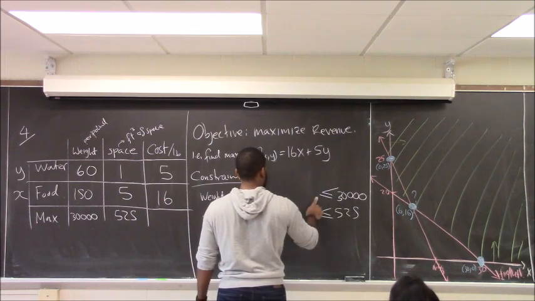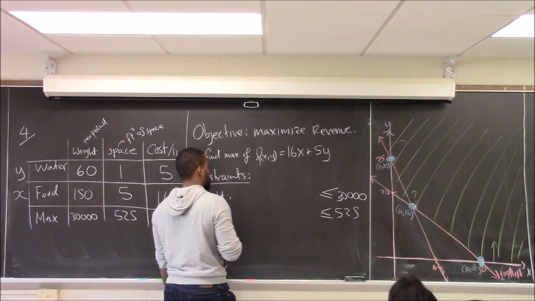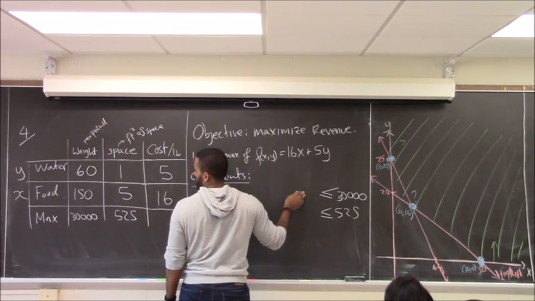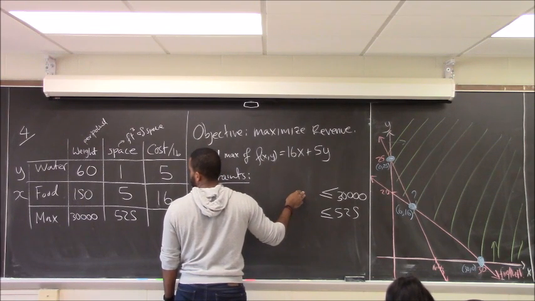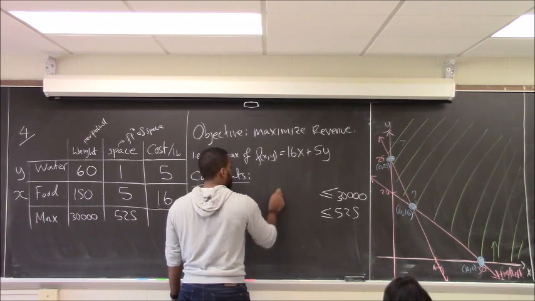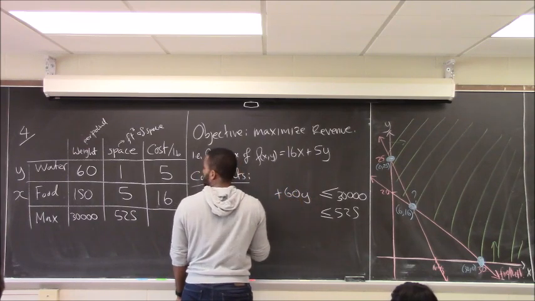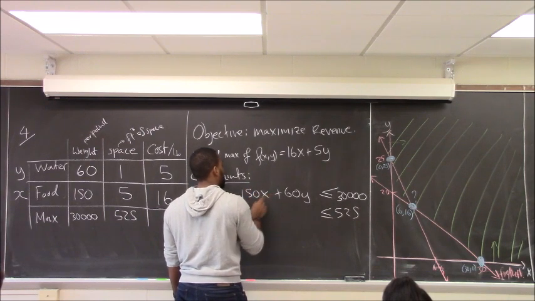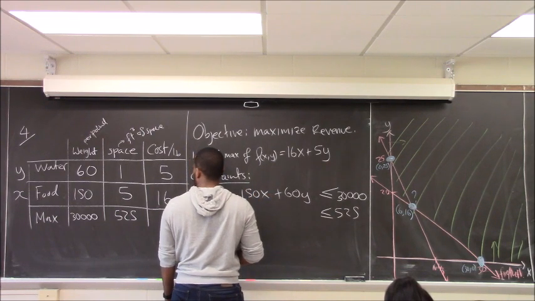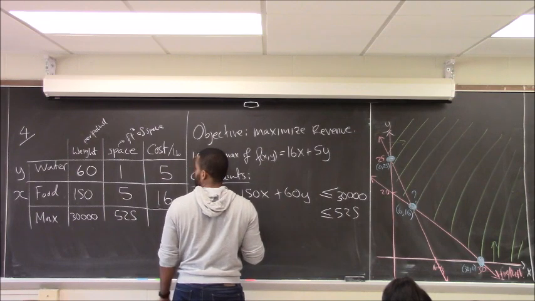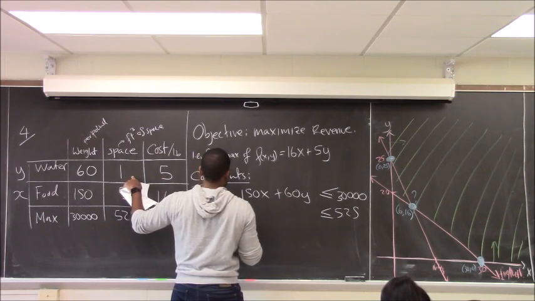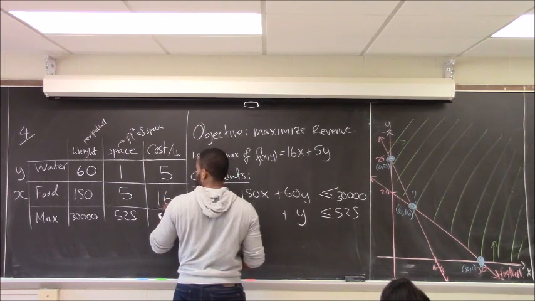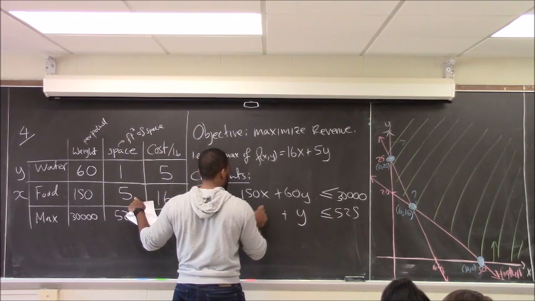The weight is the weight of the water plus the weight of the food. The weight of the water is going to be 60y and 150x. So that's the first one. And in space, the water is going to be 1y, and the food is going to be 5x.